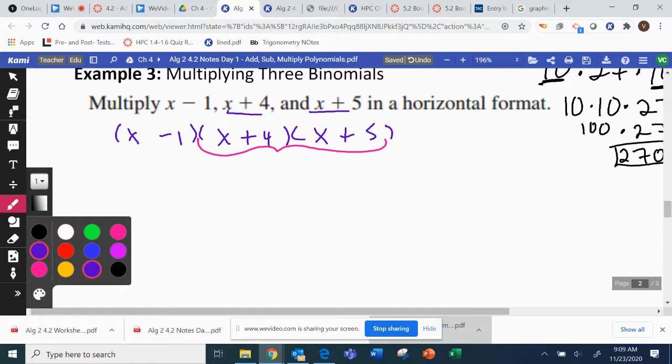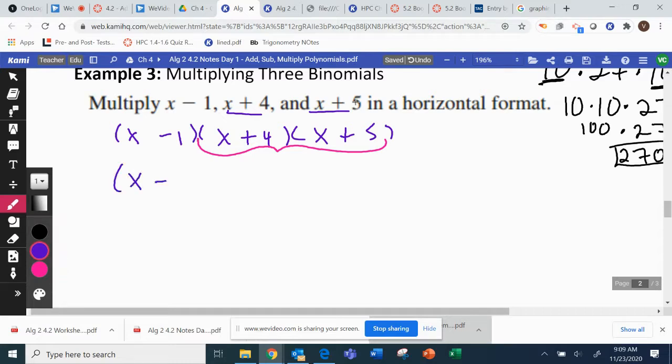Take a moment, multiply those together. Practice your multiplication. Multiply those together, any method you choose. Unfactor those, because that's what multiplying is, the opposite of factoring.